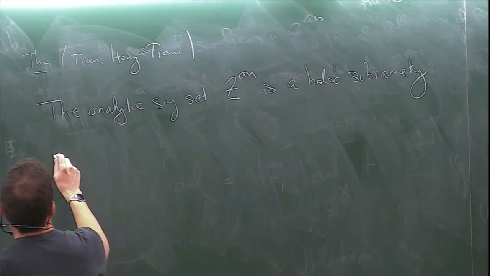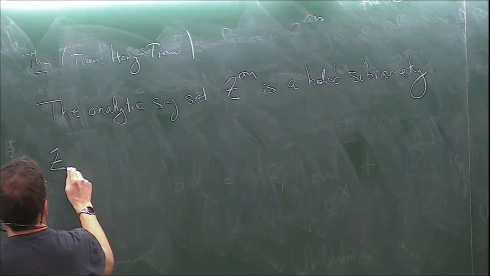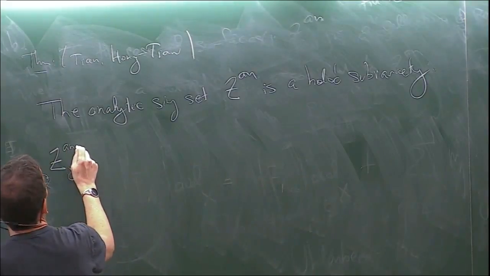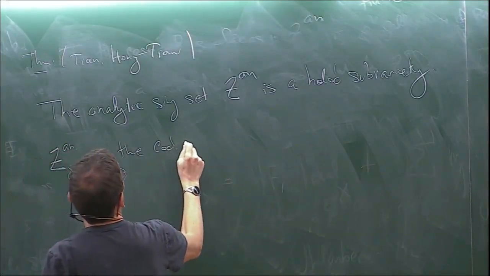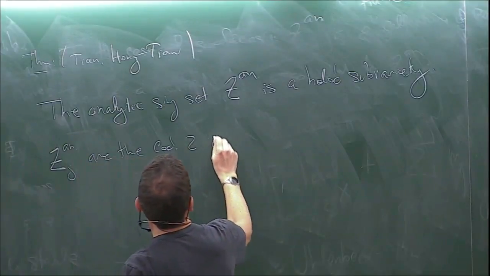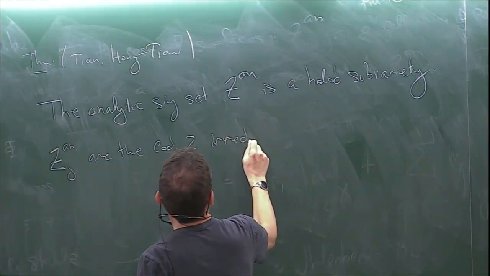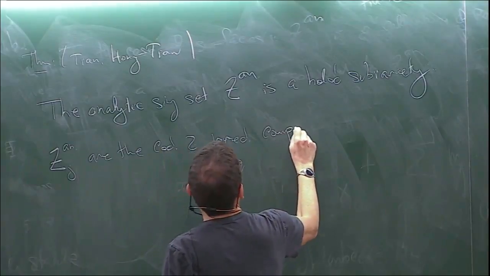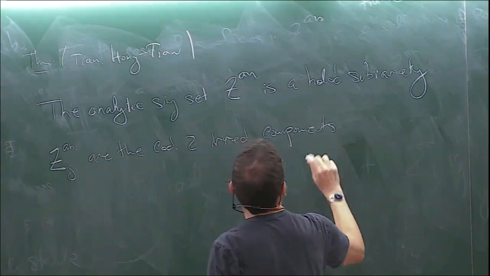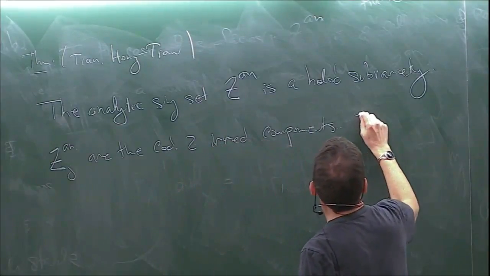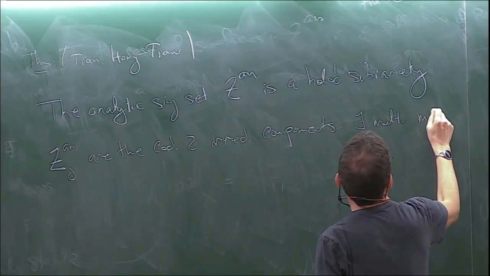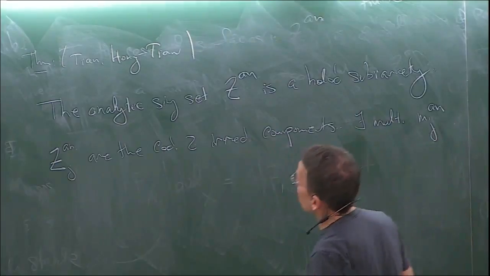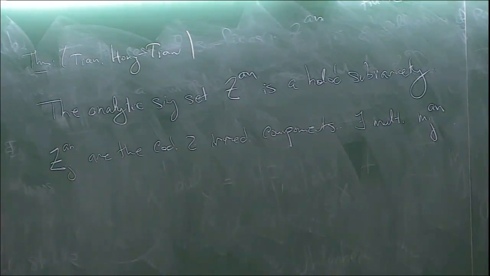And so if Zj analytic are the pure codimension 2 irreducible components, then there's a multiplicity, Mj analytic, that comes out of the proof of this statement, actually.